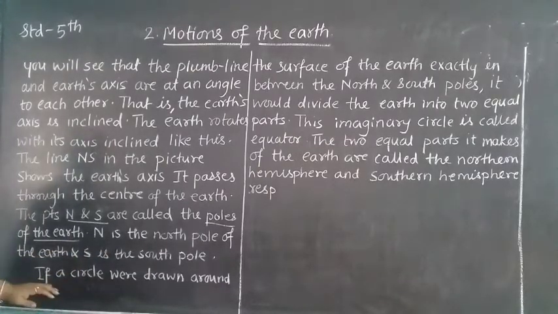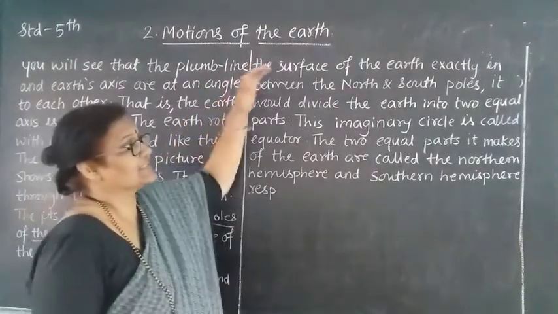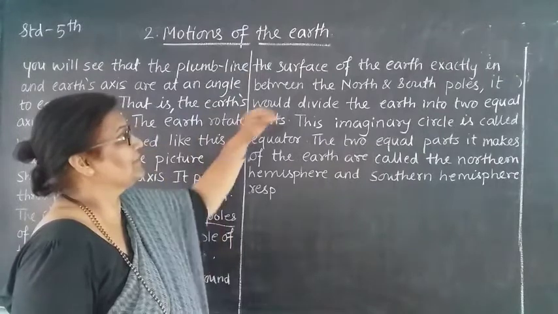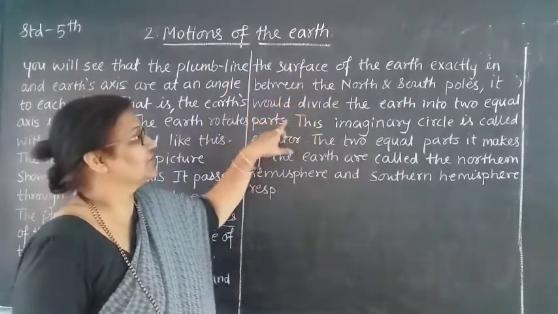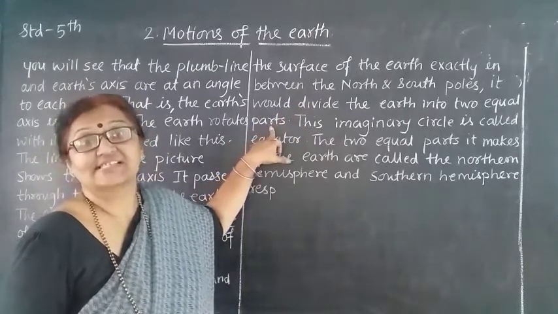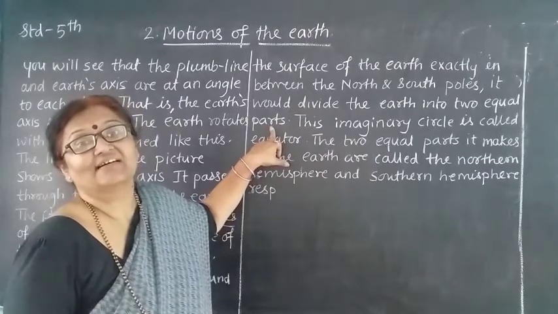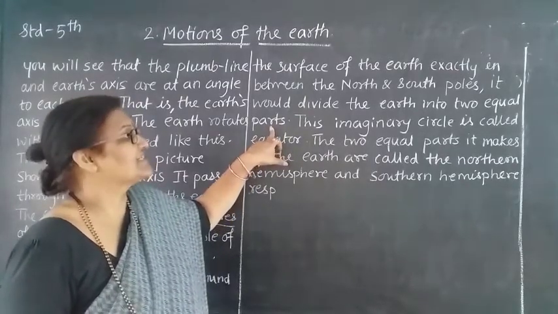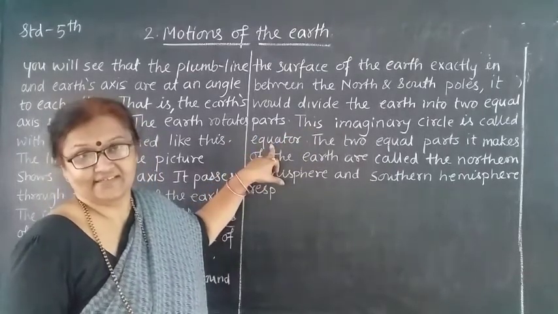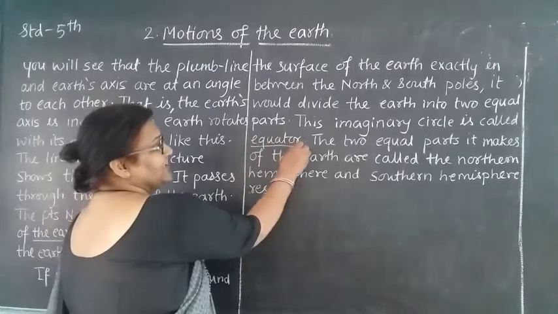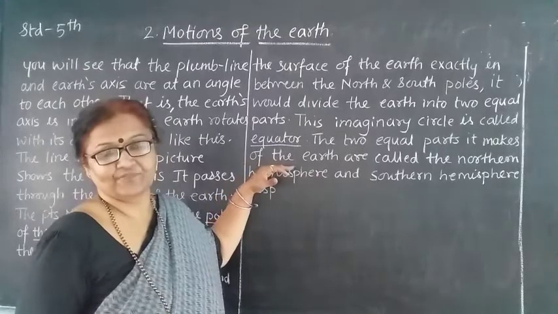If a circle were drawn around the surface of the earth exactly in the middle between the north and south pole, it would divide the earth into two equal parts. This imaginary circle is called the Equator.